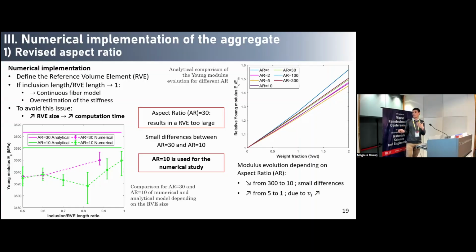We assume that with an aspect ratio of 30, the computation time was really long, and we were not able to consider a big enough reference volume to get stable results. So we move to a new aspect ratio of 10 that presents pretty much similar results, but allows us to consider more particles, so to get more stable results.